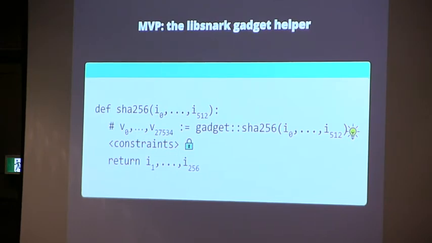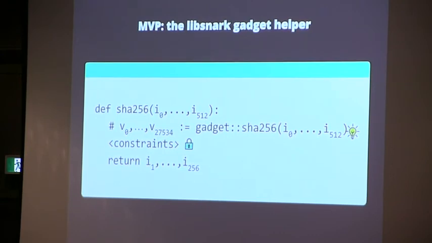And then before checking the constraints, we set every single variable in the constraint system to whatever Libsnark thinks it should be. So here, at V0 to V27,000, we basically call the witness generation function in Libsnark. We ask Libsnark, hey, what are the values of all those 27,000 variables so that all those constraints are valid? So this runs inside Libsnark. And then in the constraints, we check that every single constraint is valid.